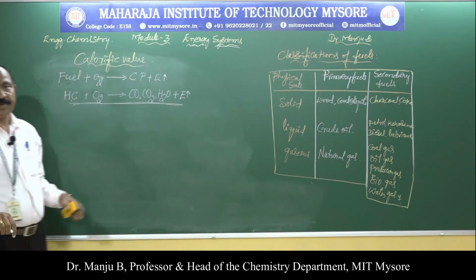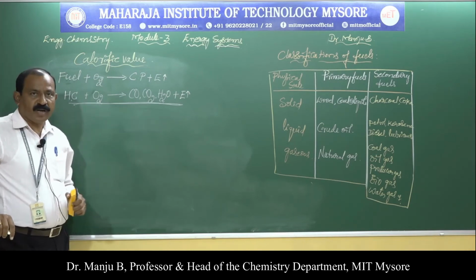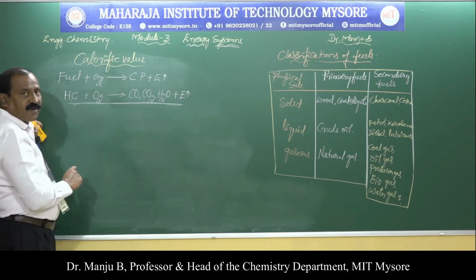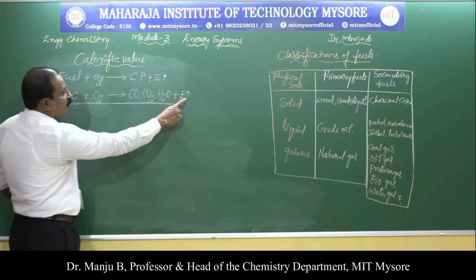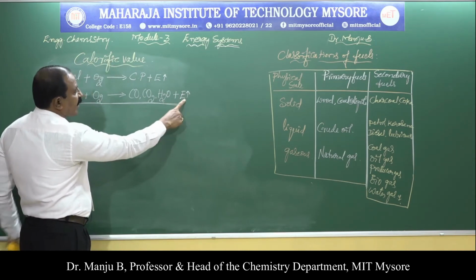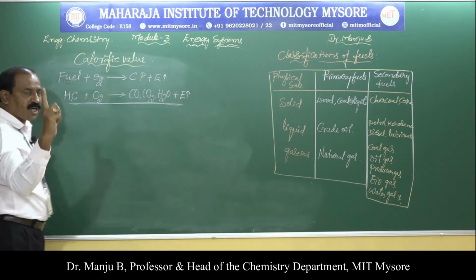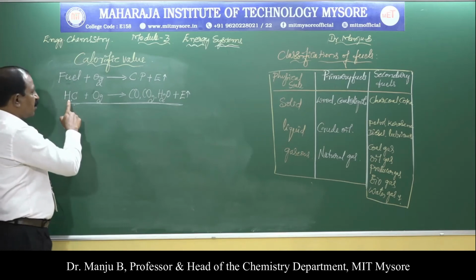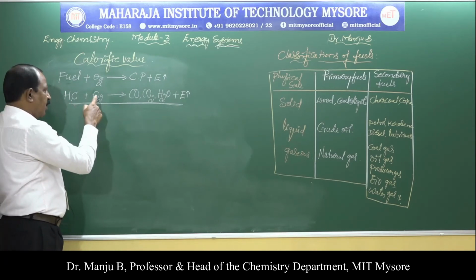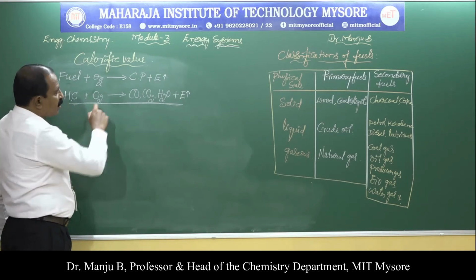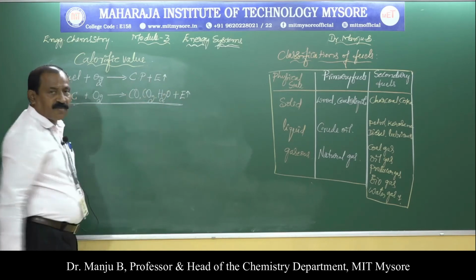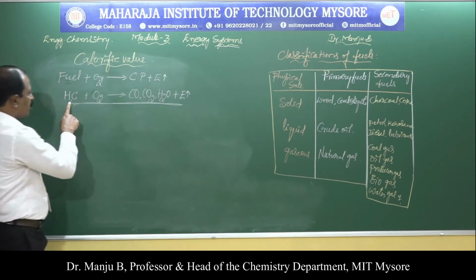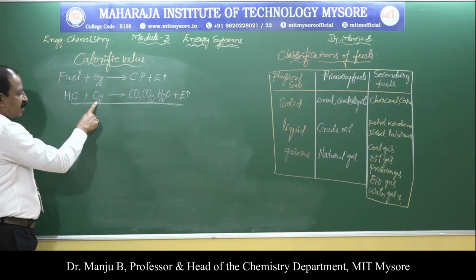To understand calorific value, this equation is important. You can easily understand it. The calorific value is defined as the total amount of heat energy liberated when 1 unit quantity of fuel is completely burnt in excess of air.